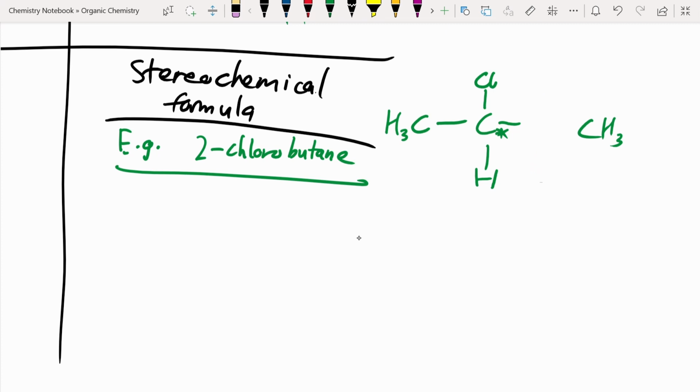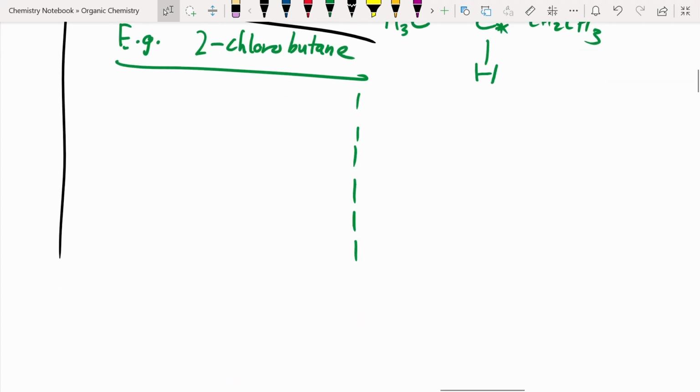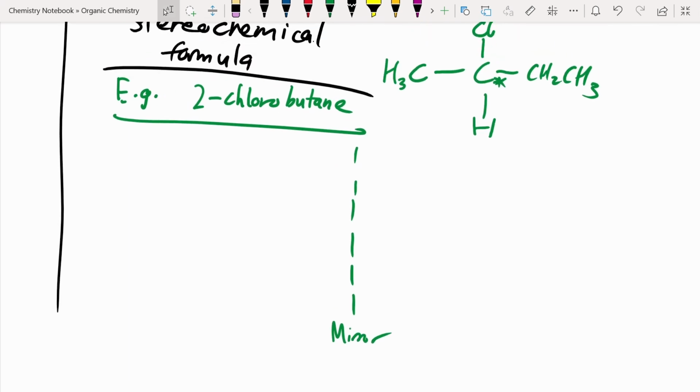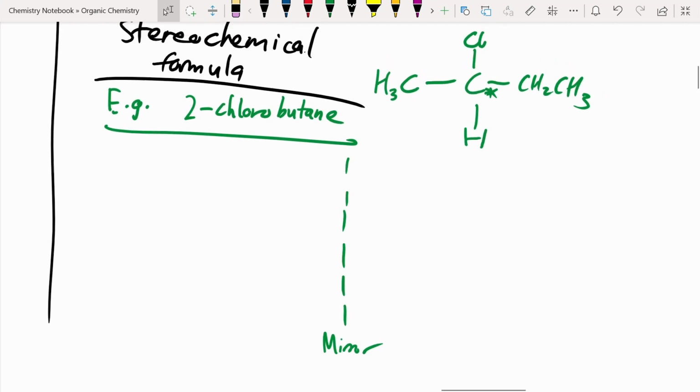Ethyl group, I can represent as CH2CH3. In this case, I have the mirror, the dotted line. And then the chiral carbon, you need to label it with an asterisk.